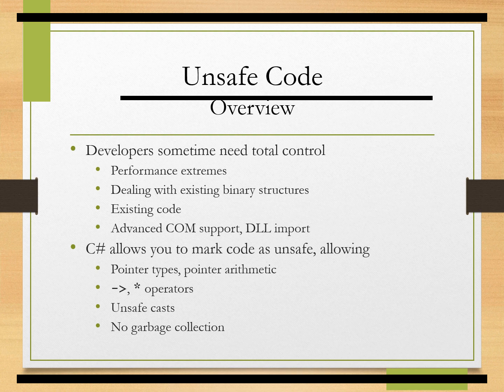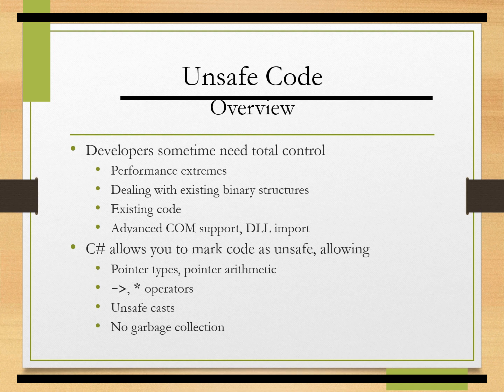You just develop the particular constraint of the form. A particular data used to be occupied from the several methods. Performance extreme dealing with existing binary structures, existing code, something else here. Advanced COM support and DLL import.